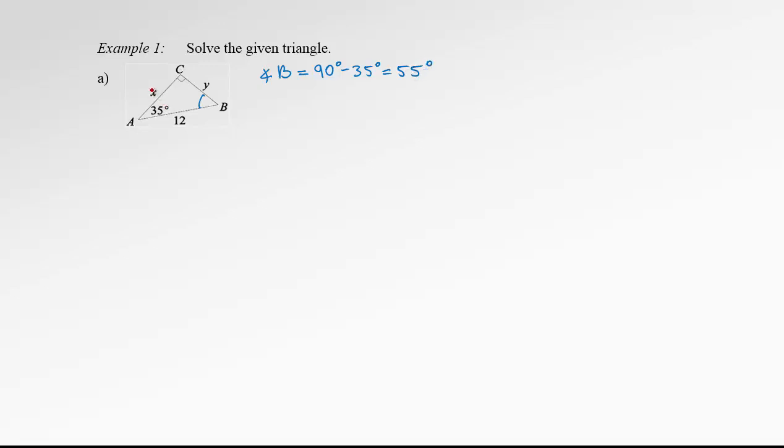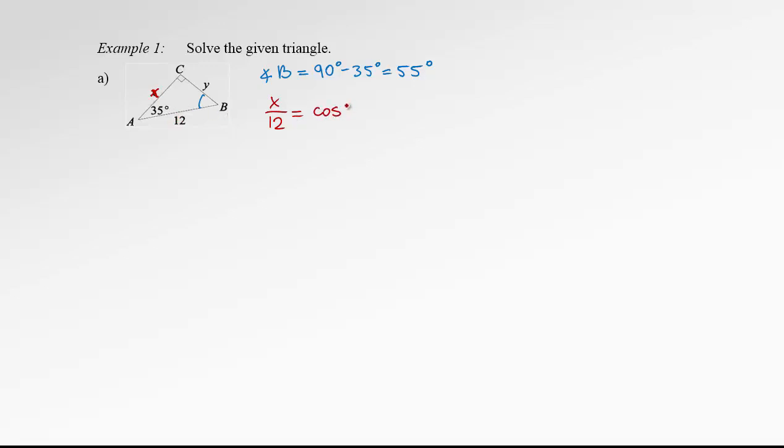Now, to find, for example, the distance x, we can use the definition of one of our trig functions. If we compare x to 12, x over 12, this will be adjacent to the angle 35 over hypotenuse. So the ratio of adjacent over hypotenuse is called cosine.